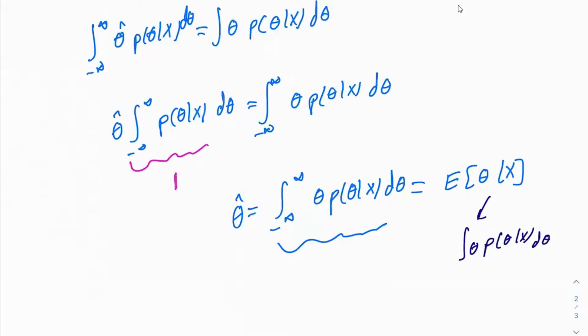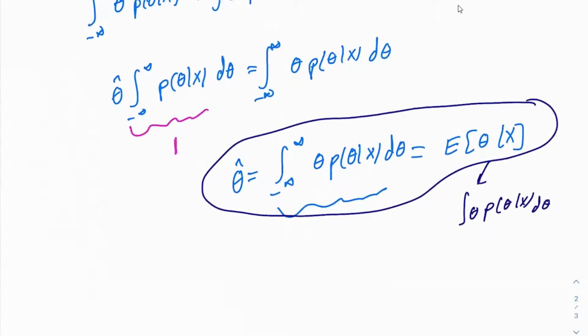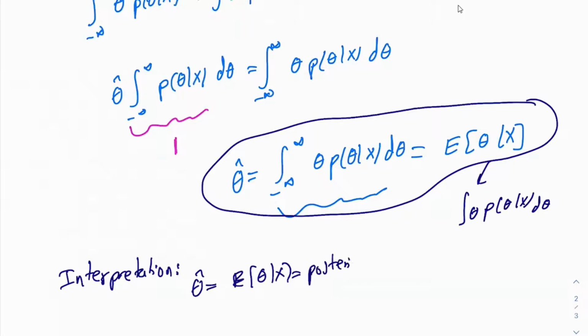So, interpretation: you need to interpret what we found. The theta hat, the estimator, is equal to the posterior mean. This is called the posterior mean, right?